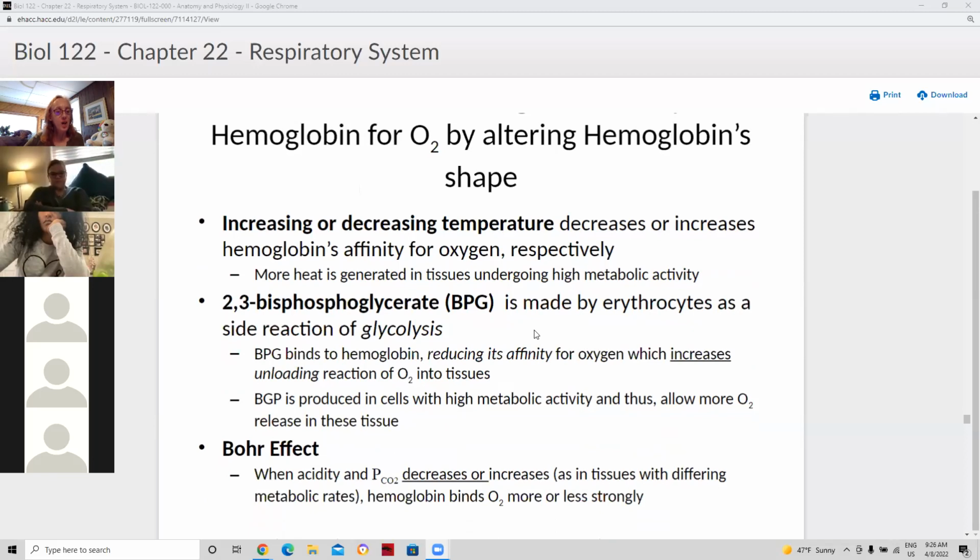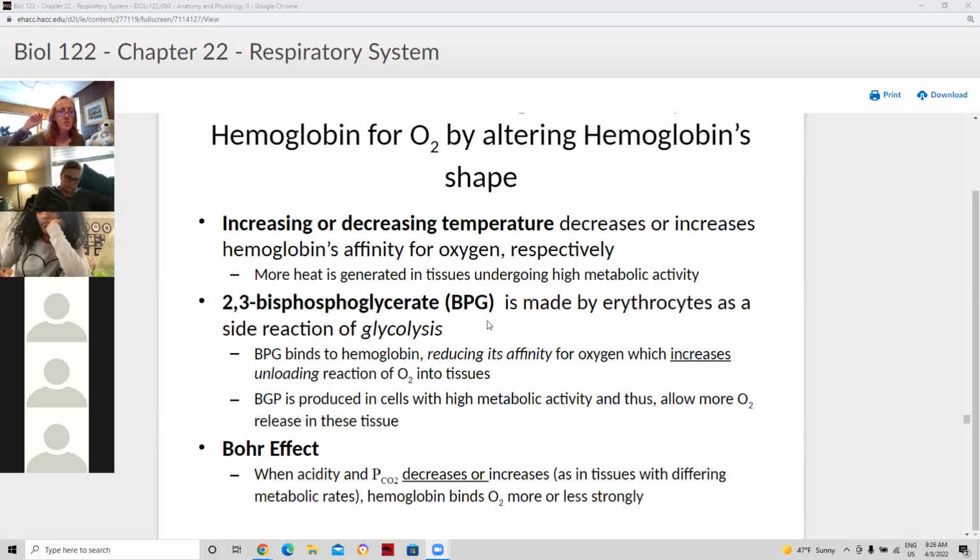Another thing we have here is 2,3-bisphosphoglycerate, which is produced as a side effect of glycolysis. When do you have glycolysis? Glycolysis occurs when we're running out of oxygen in the tissue, because it's an anaerobic form of forming ATP.